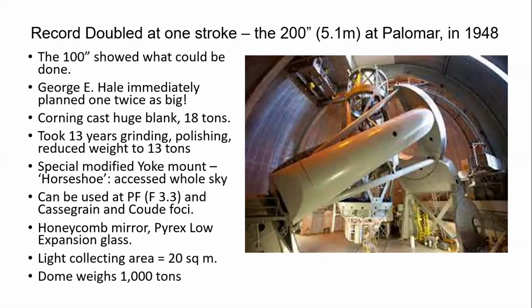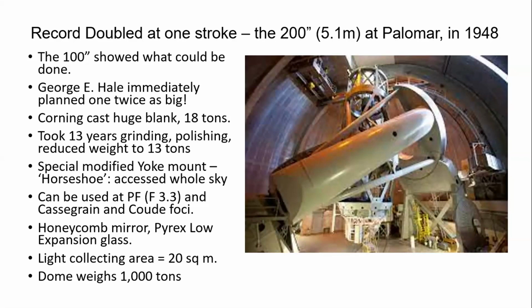And on that, then you can mount really, really big, heavy bits of equipment. You know, some of the giant bits of equipment that they have would weigh a ton or two. And the Coude focus has the advantage that it stays fixed, even though the telescope rotates around the sky. So prime focus and Cassegrain focus and Coude focus were all available on that.